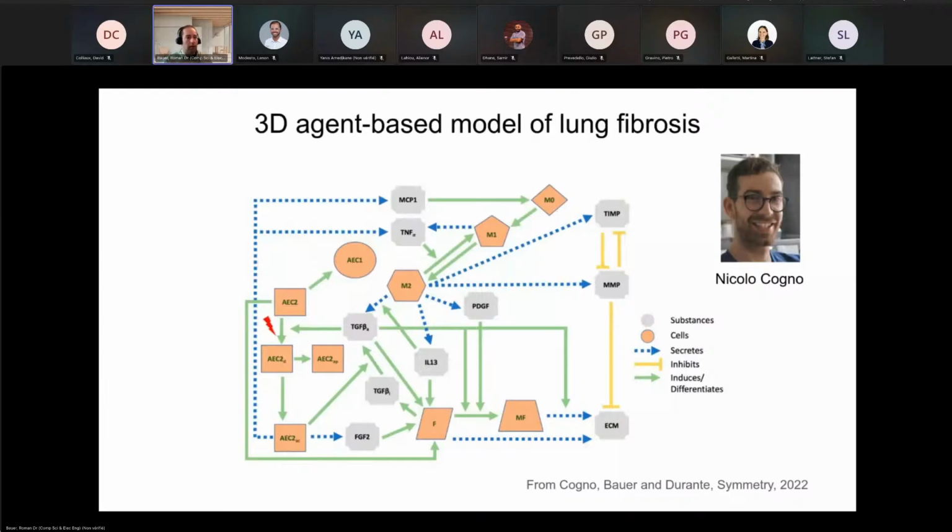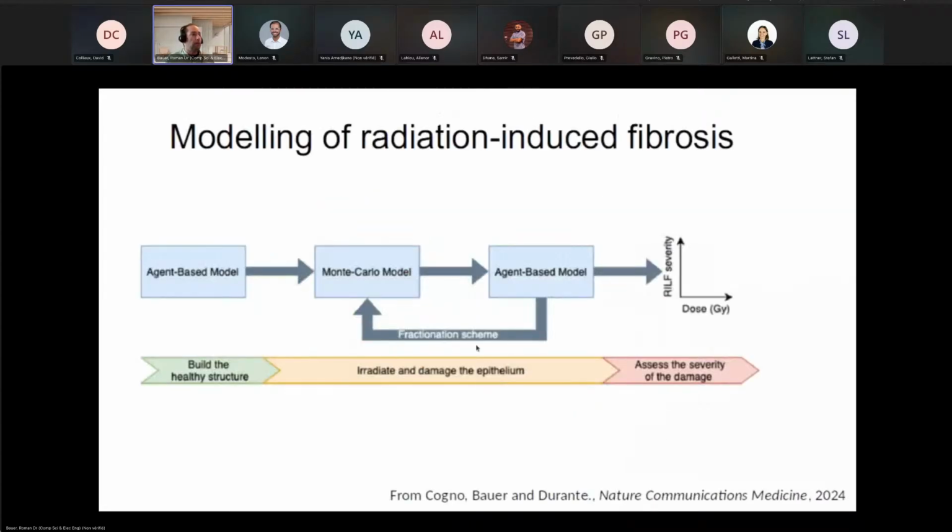So he modeled the alveoli of the lung. He modeled even intracellular signaling and interactions with extracellular, like here, for example, the extracellular matrix, the interactions between extracellular and intracellular dynamics, and he then also interfaced BioDynamo. So the agent-based model was done in BioDynamo.